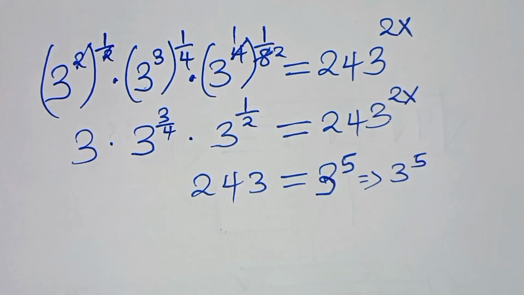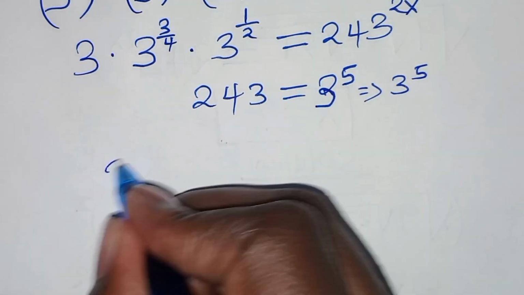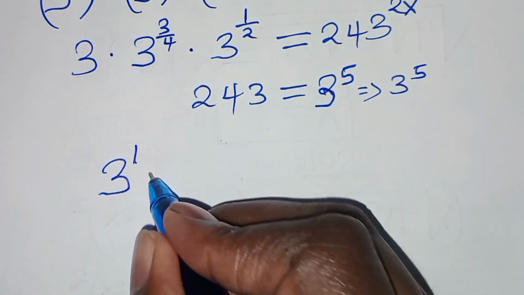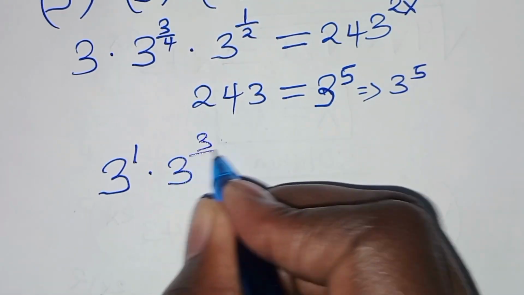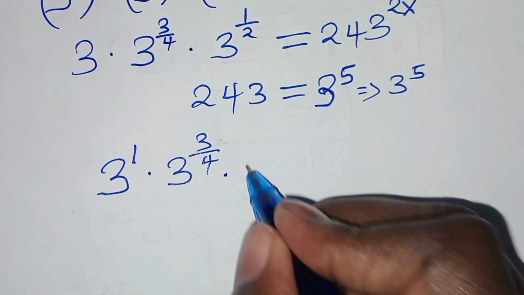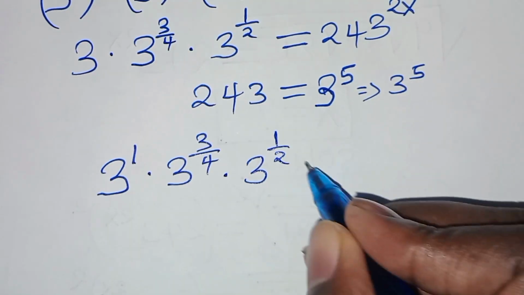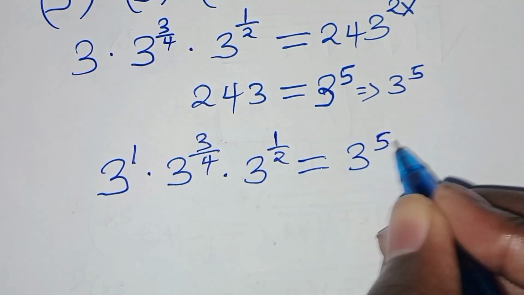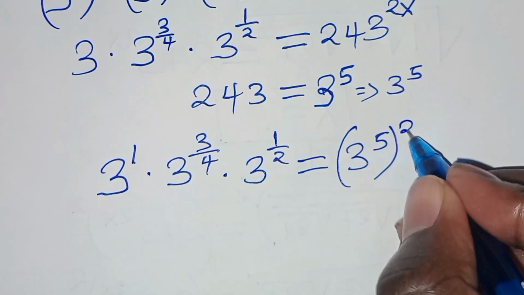So let's substitute this. So we have 3 raised to power 1 times 3 raised to power 3 over 4 times 3 raised to power half. This is equal to 3 to power 5 raised to power 2x.